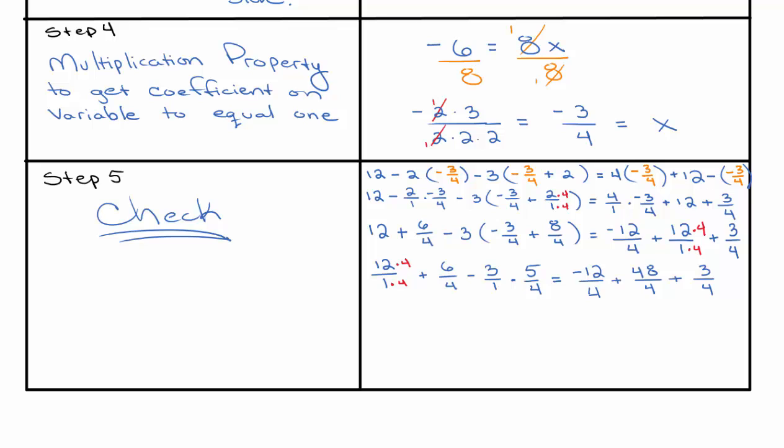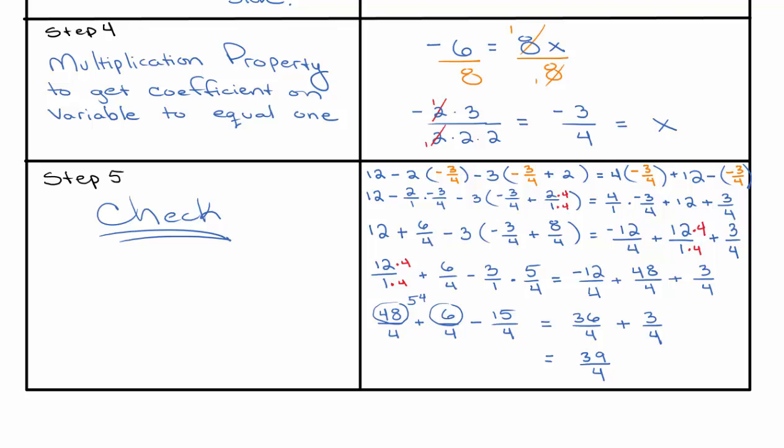All right, we're almost there. This is going to be 48/4 plus 6/4 minus 15/4 equals negative 12/4 plus 48/4 is going to give me 36/4. And 36/4 plus 3/4, I might as well just finish that. That's just going to be 39/4. Over here, we're going to have 48 plus 6. That's going to give me 54/4.